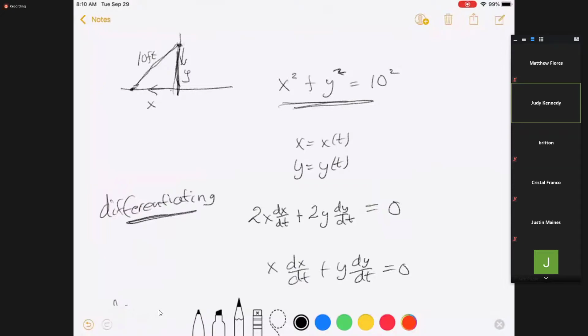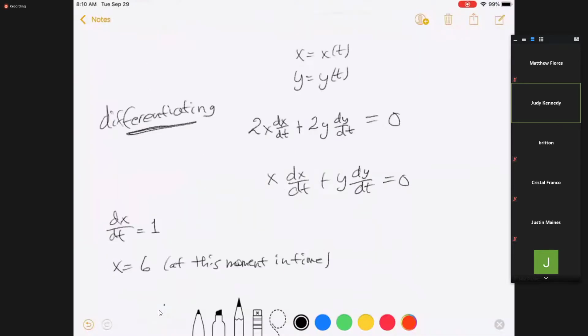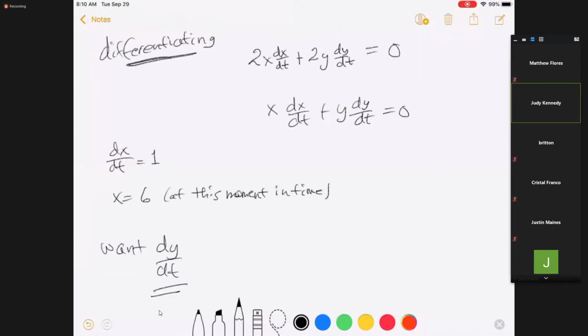Well, I use this basic relationship. When x is 6, I've got 6 squared plus y squared is 10 squared. Okay, and this is one moment in time.